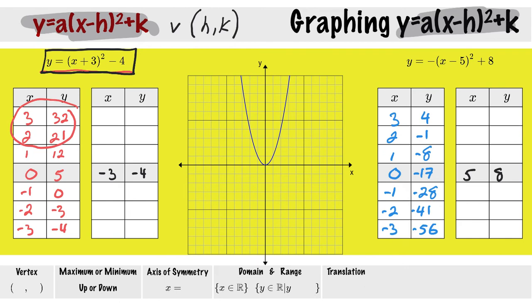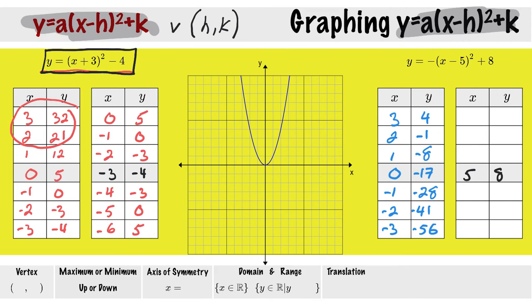So now when I step away from the vertex to the positive side 3 times and to the negative side 3 times, when I go to put my numbers in, 0 plus 3 is 3, 3 squared is 9, 9 minus 4 is 5. Negative 6 plus 3 is 3, 3 squared is 9, 9 minus 4 is 5. Now my numbers are going to mirror each other.